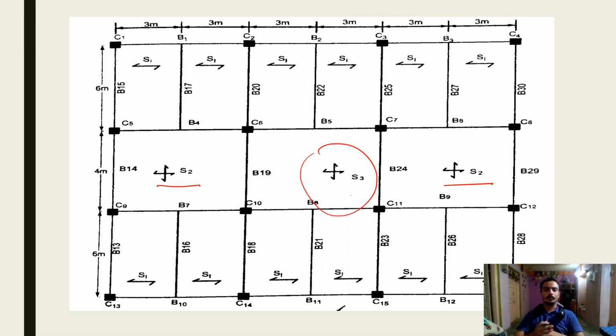If you want to design S3, just try by yourself. Practice it, and you will become great at structural design. If you have any question or query, you can ask me or comment. I will reply as soon as possible.